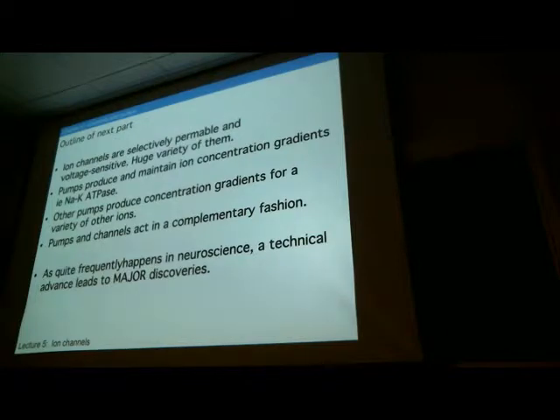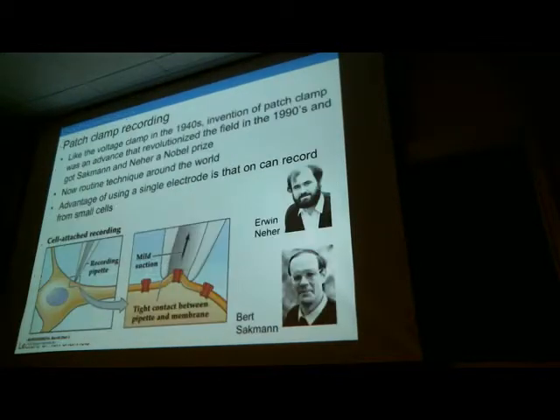Okay, so how are we going to look at individual channels? This really depended on the development of what we call patch clamp recording, which was really a collection of modes of recording.